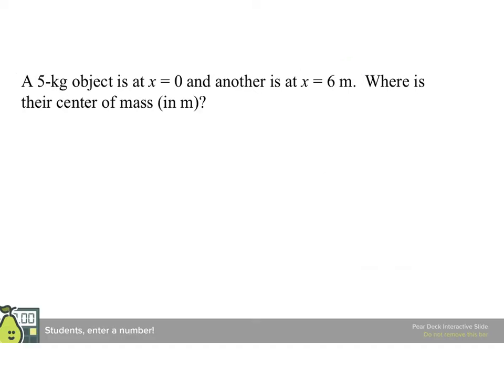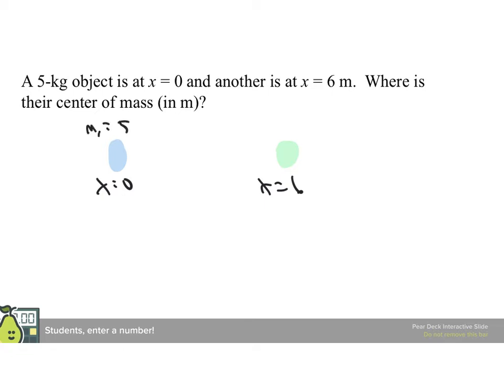All right, let's take this out for a spin. If a 5 kilogram object is at x equals 0 and another is at x equals 6, where is their center of mass in meters? So we have our 5 kilogram object here and another 5 kilogram object, and this is x equals 0 and this is x equals 6.